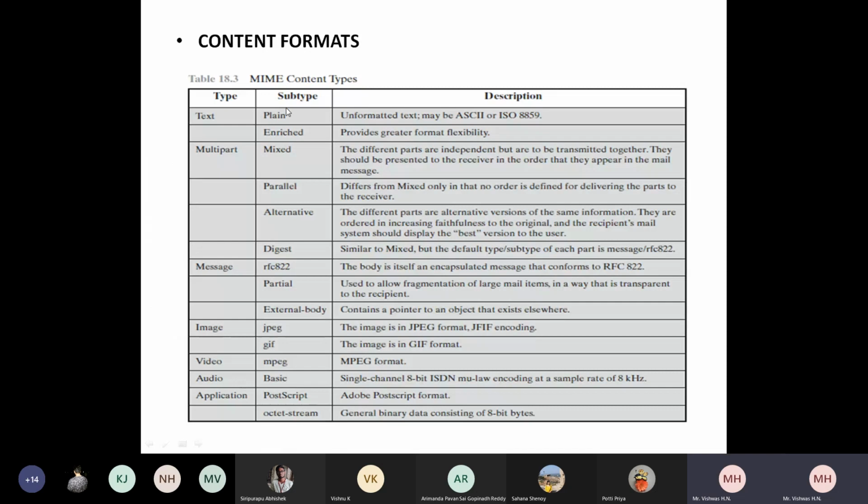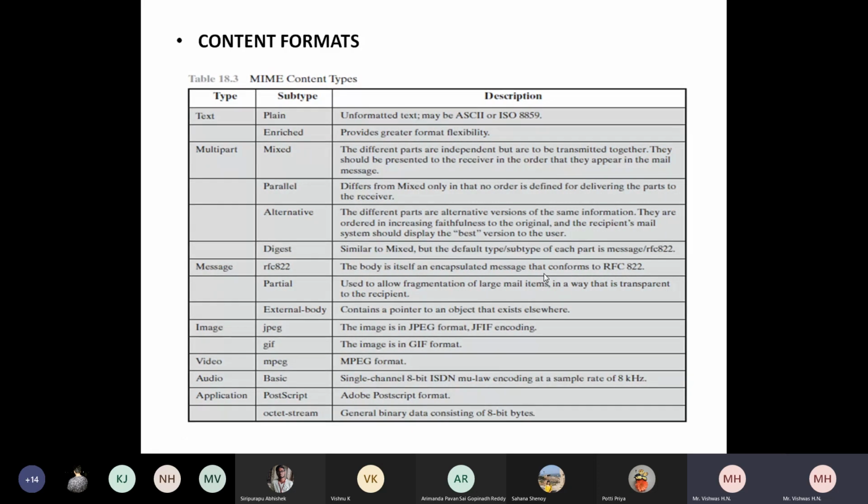Now, MIME content type. The type can be text, multipart, message, image, video, audio, or application. The description is given here, so you can go through this sometime. I'm not going to read this now.